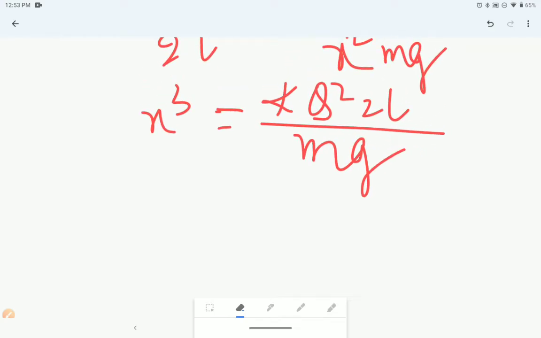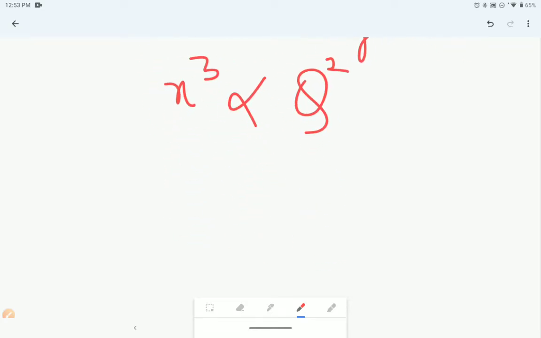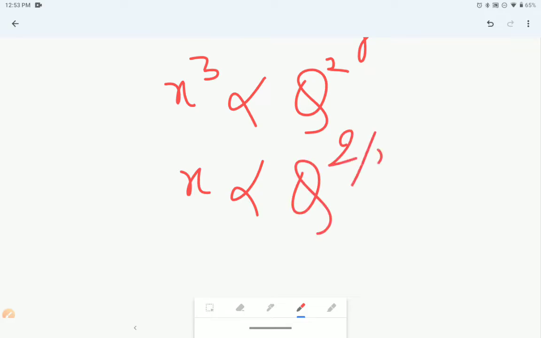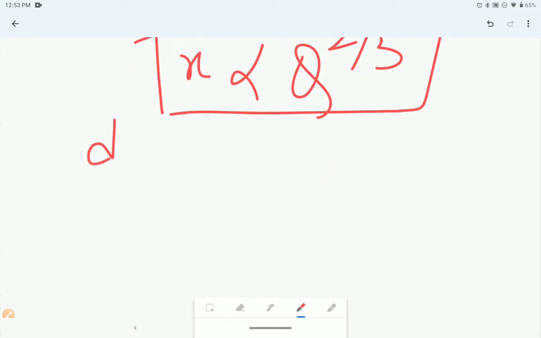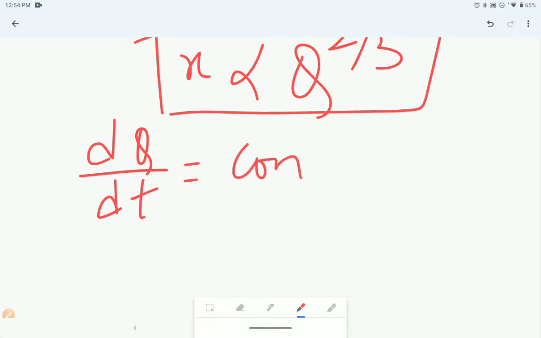So now, x cube is directly proportional to q square. That means x is directly proportional to q power 2 by 3, right? This is what we found. And here we were given that the charge leaks at a constant rate, which means dq upon dt is constant.